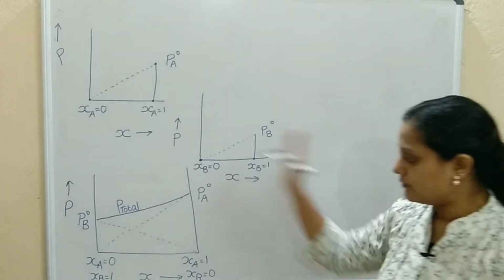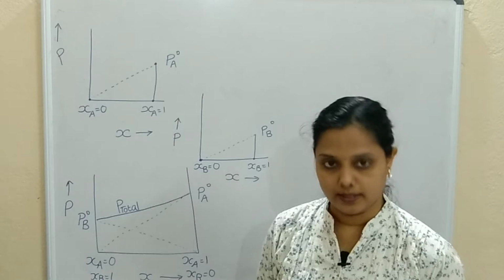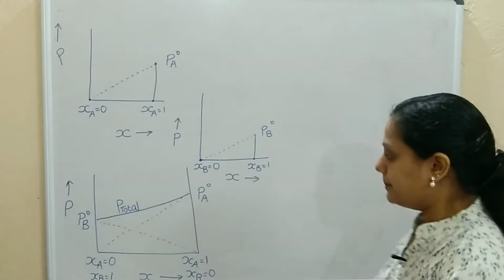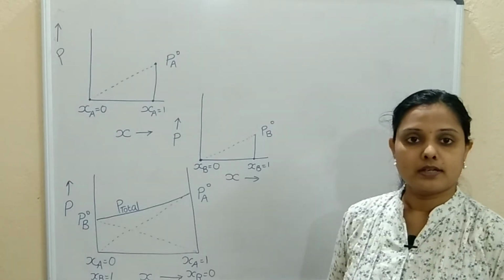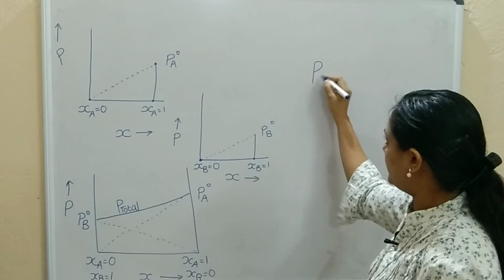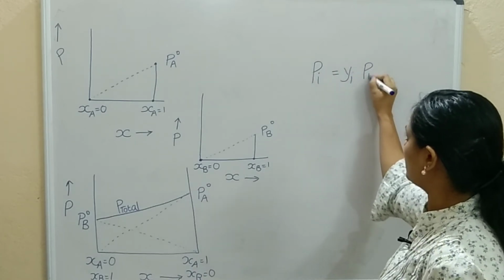Correct? So this we are talking about in case of liquid in liquid, in the liquid phase. But Dalton has also given one more expression, that is Pi is equal to Yi P total.